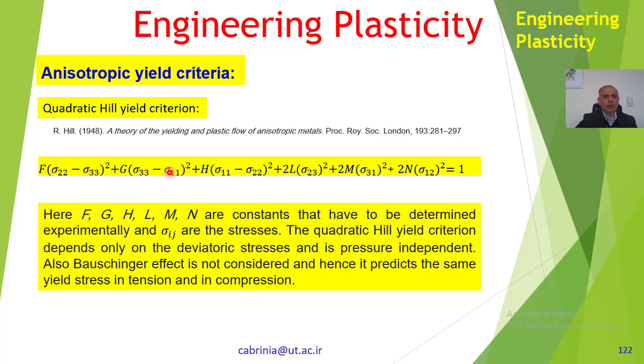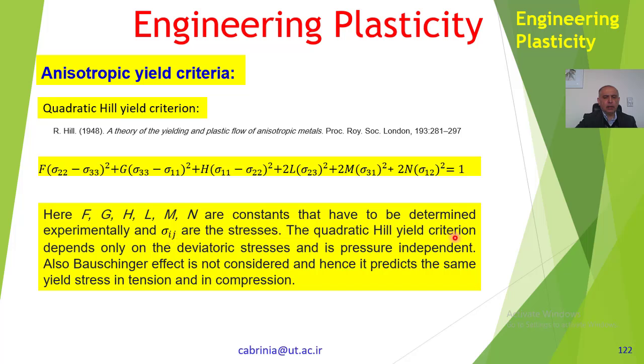So you can put, for instance, sigma xx, sigma yy, sigma zz, sigma yz, sigma zx, and sigma xy. It doesn't make any difference; it's just a notation. So sigma ij, either 1, 2, 3 or xyz, are the stresses.